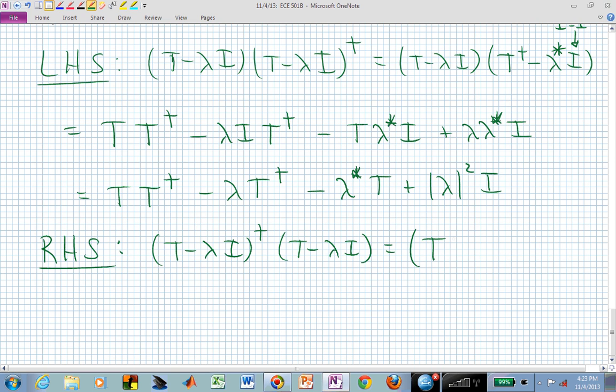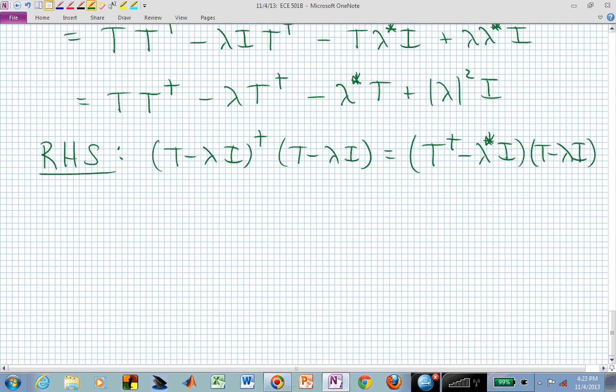We can take the adjoint of that first term, which is T dagger minus lambda star I, times T minus lambda I. Then we have T dagger T minus lambda star I T minus T dagger lambda I plus lambda star lambda I squared, which is I.